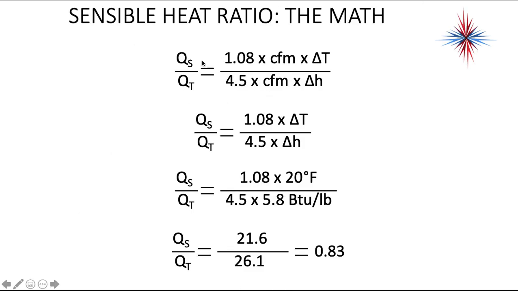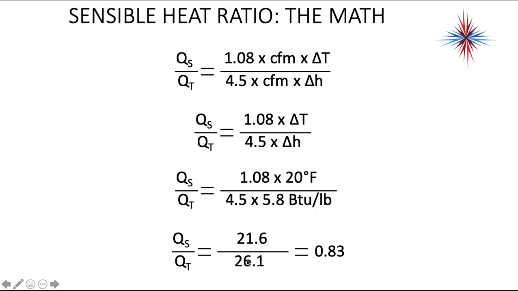So if we plug in our formulas, and we put them here into something we can work with, my QS is 1.08 times CFM times delta T. My QT is 4.5 times CFM times delta H. So QS over QT is 1.08 times delta T divided by 4.5 times delta H. 1.08 times 20, because that's my delta T, divided by 4.5 times 5.8 BTU per pound.